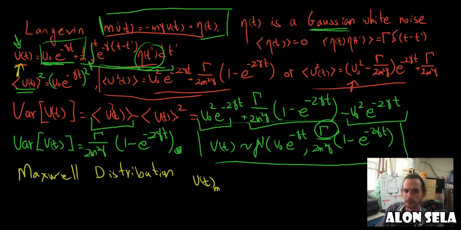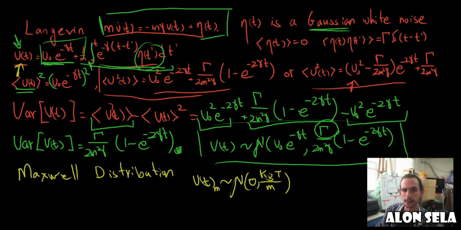So this is the velocity for the Maxwell distribution, and it is normal with expectation of 0 and k Boltzmann T over m for the variance.